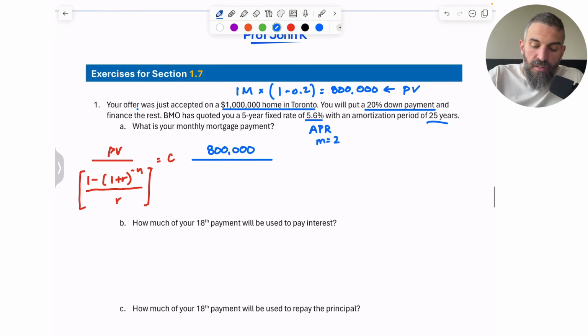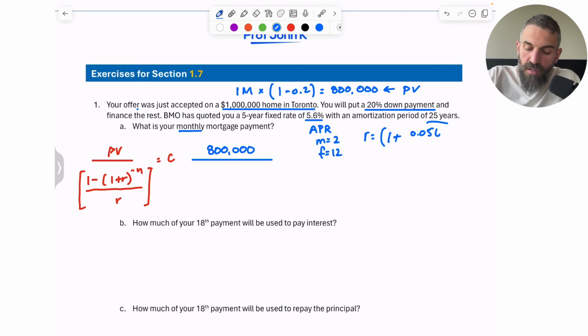So we have here semi-annual compounding, but we have monthly payments. So we're going to find our effective monthly rate by using our effective rate formula. So 1 plus the APR, 0.056, divided by your M, to the power M over F, minus 1. So we're looking for our effective rate here.